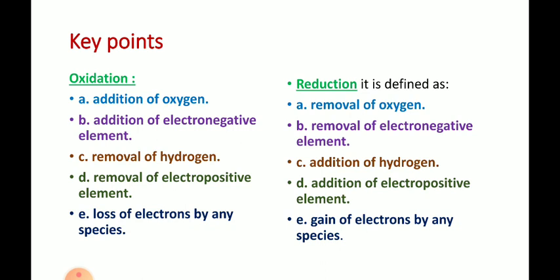Oxidation can also be defined in another way, which is nothing but the removal of hydrogen, and reduction is the addition of hydrogen into the reaction. Oxidation can also be stated as removal of an electropositive element, and in reduction, addition of an electropositive element.